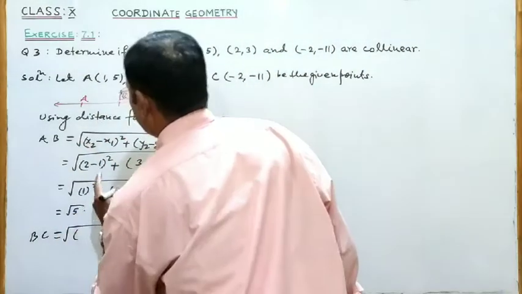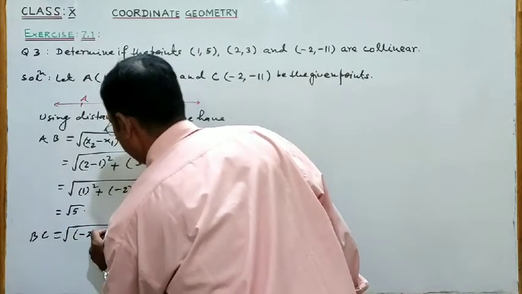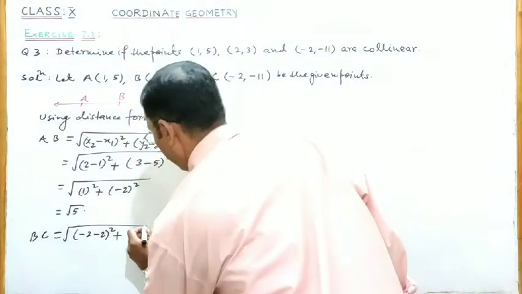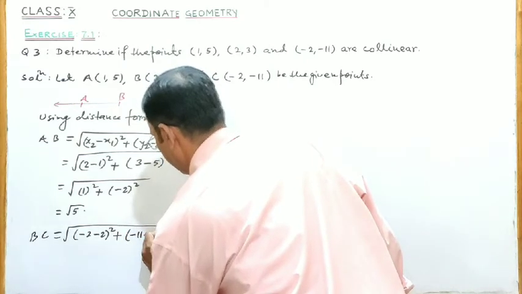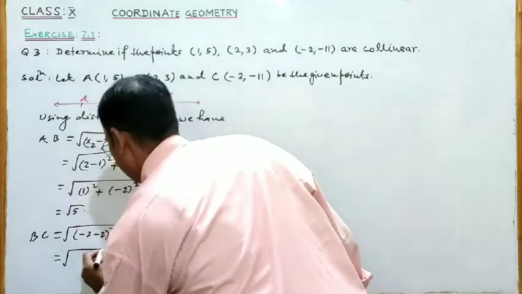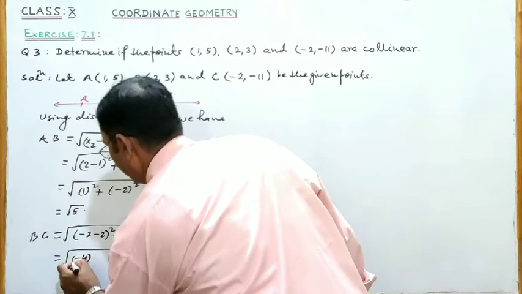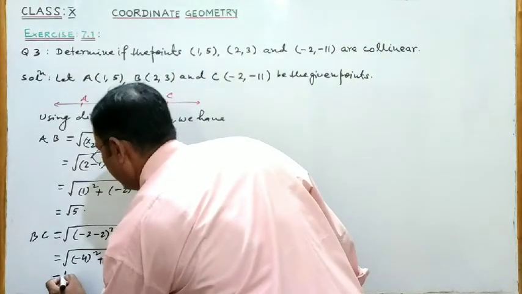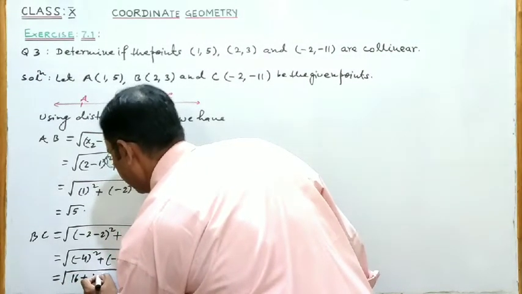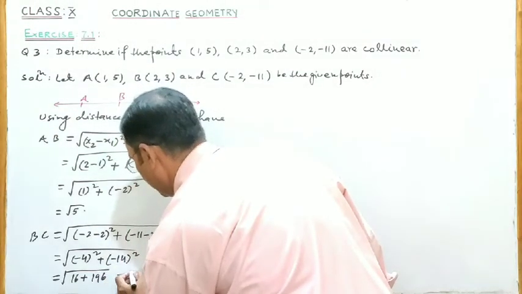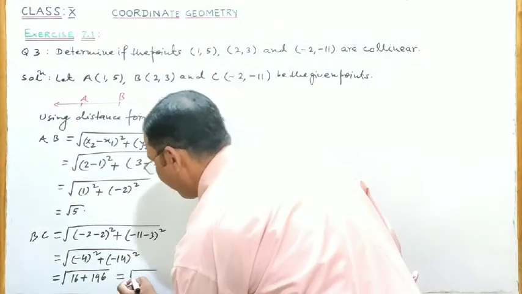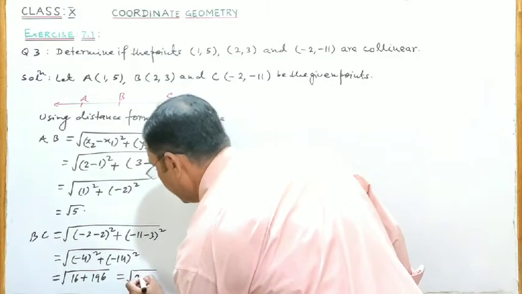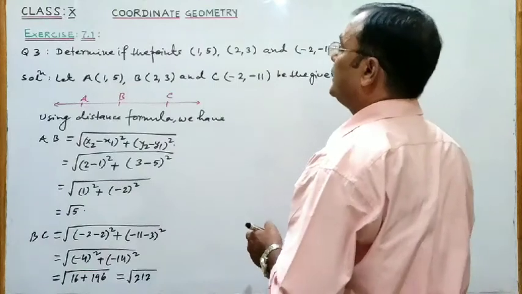So (x2 minus x1) whole square, (minus 2 minus 2) whole square, plus (y2 minus y1) whole square, (minus 11 minus 3) whole square, equal to (minus 4) whole square plus (minus 14) whole square, equal to under root 16 plus 196, equal to under root 212 units. So this is distance BC.